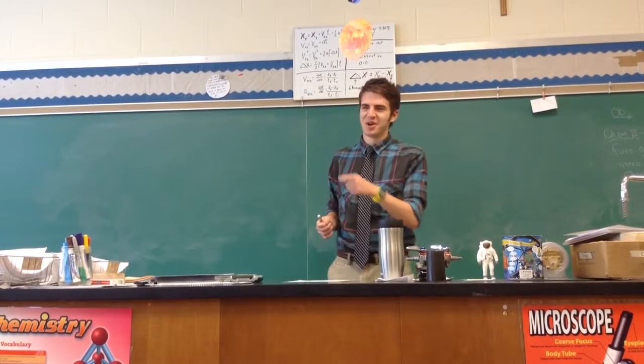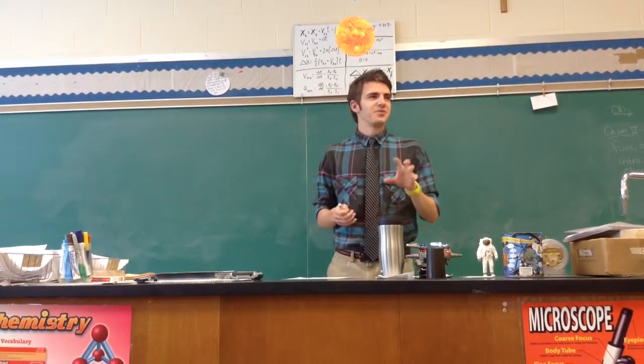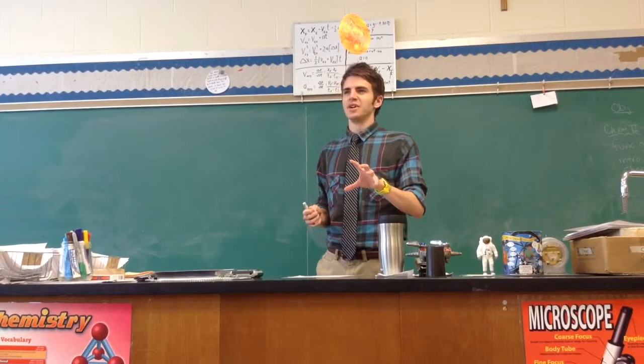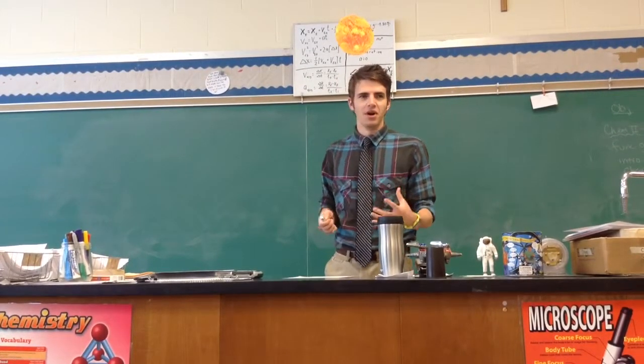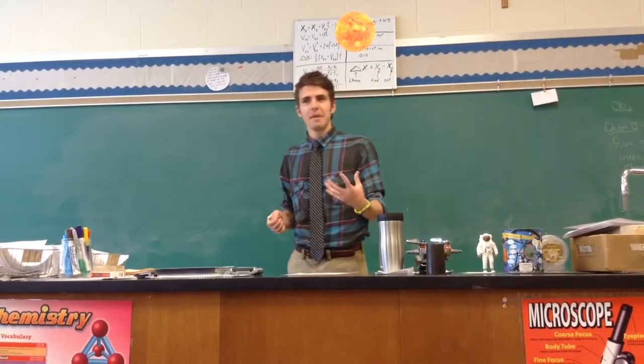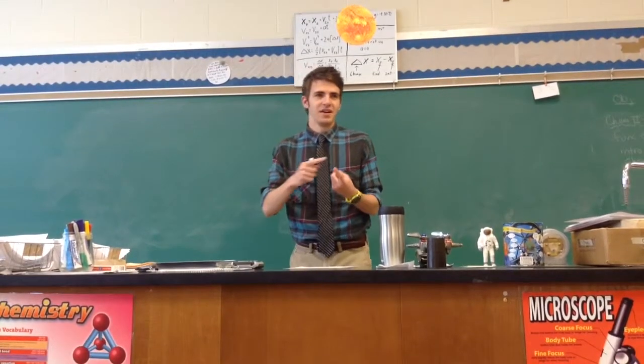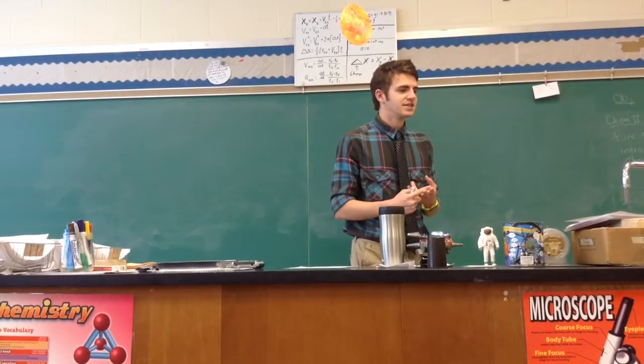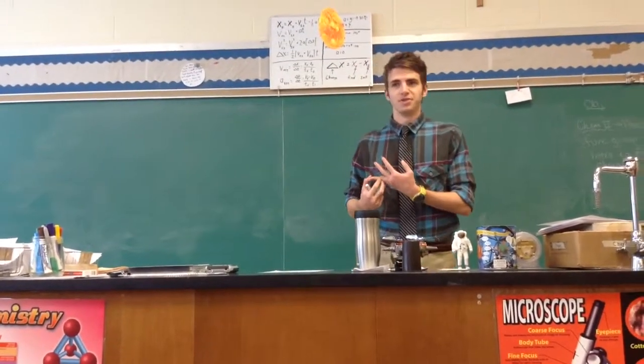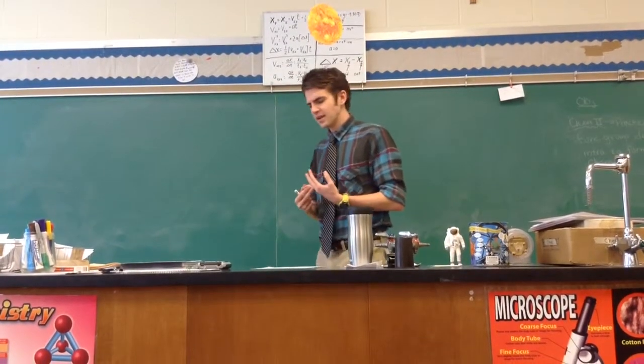Carbonyl, not Chernobyl, carbonyl. Alright, so our first heading there was carbon with multiple bonds. So primarily, we were talking about alkenes, alkynes, and our ringed forms that have multiple bonds within them as well.